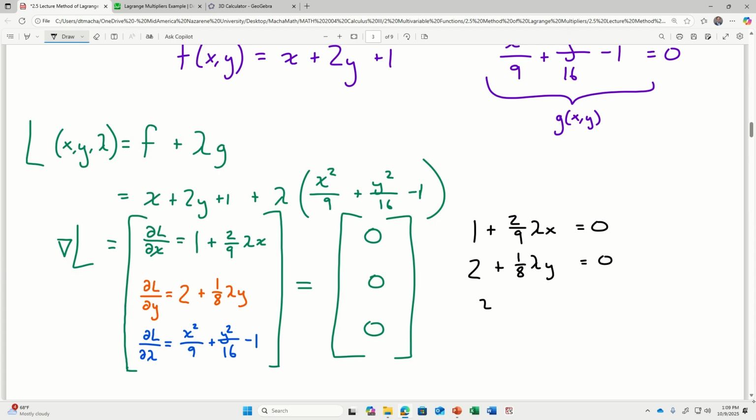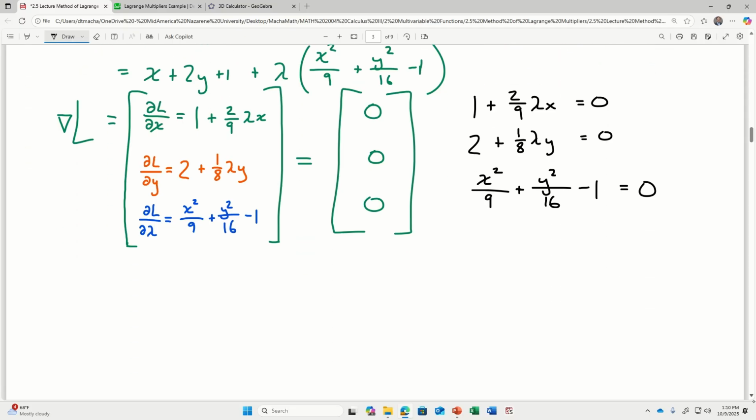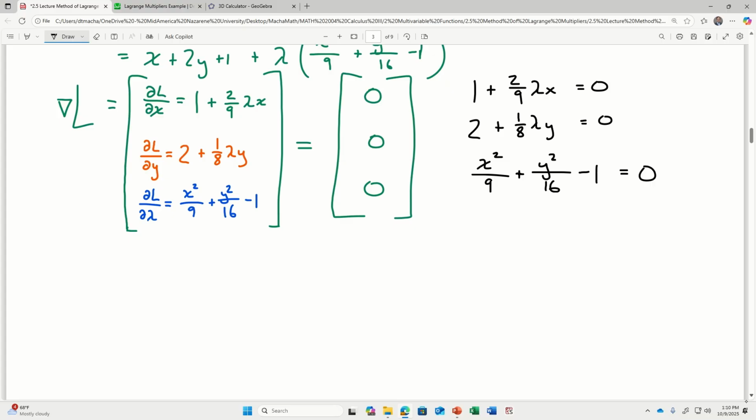And my third equation here is x squared over 9 plus y squared over 16 minus 1 is equal to 0. And with a system of 3 equations and 3 unknowns, there's a lot of different ways you can solve this thing.